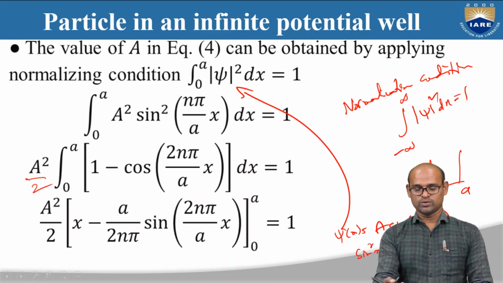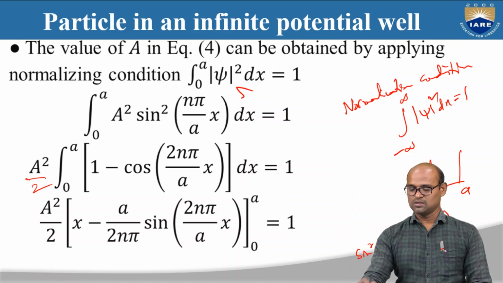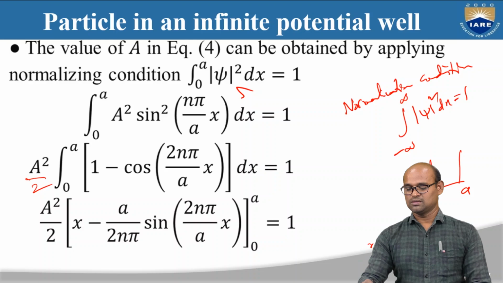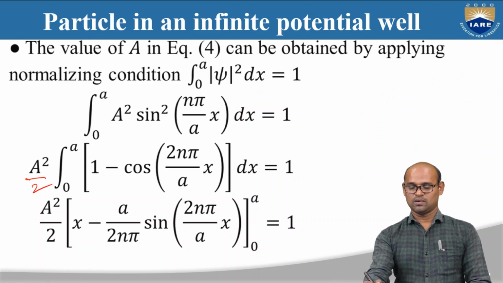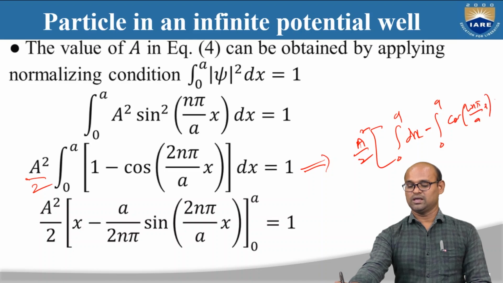Now I am going to write down the integral for each term. I have separated the integral, so A²/2 is an outside constant: the integral from 0 to a of dx minus the integral from 0 to a of cos(2nπx/a) dx, all must be equal to 1.